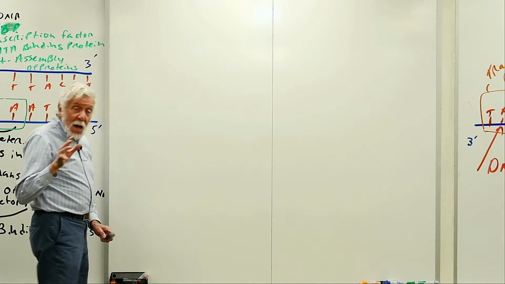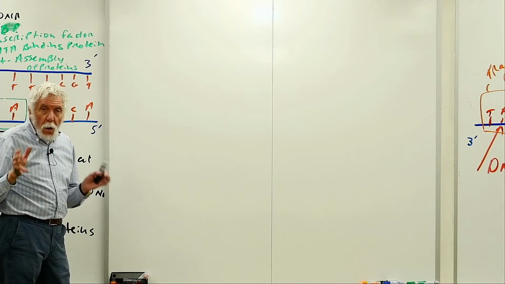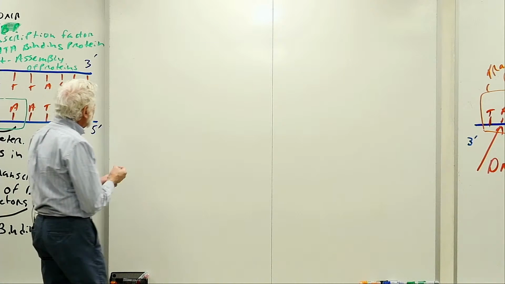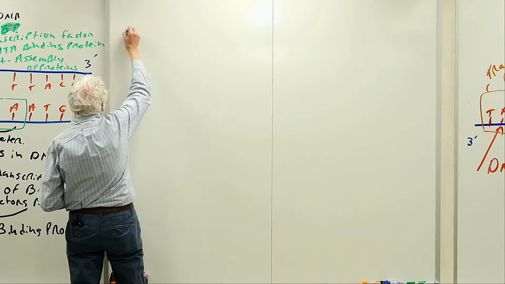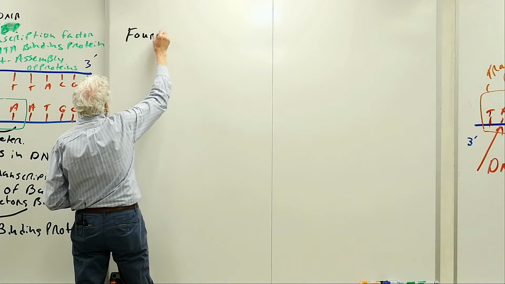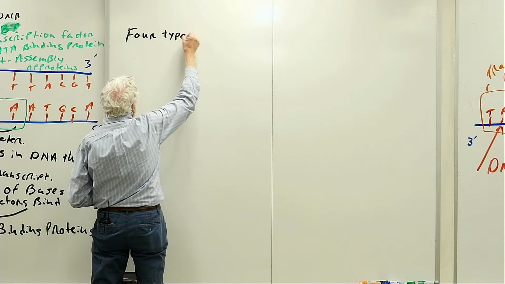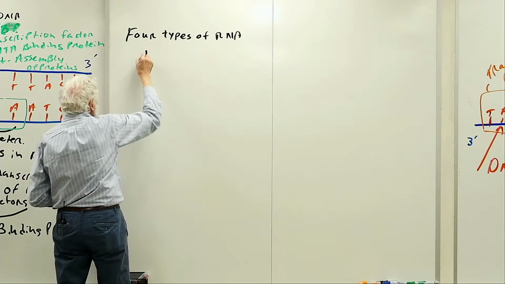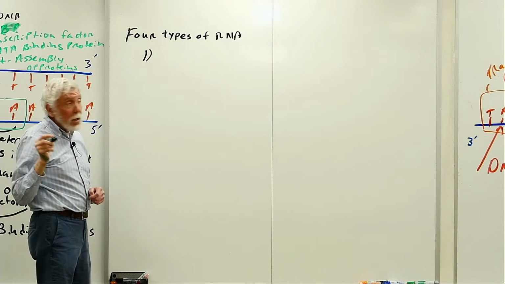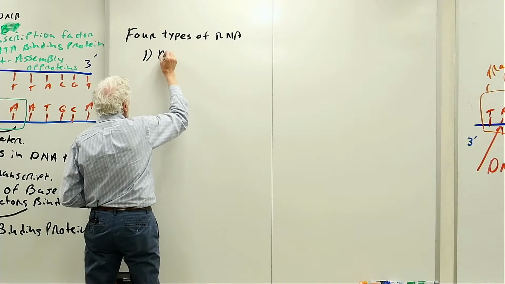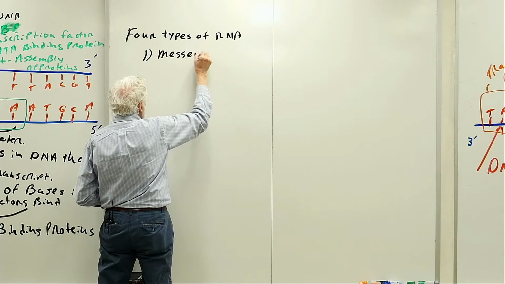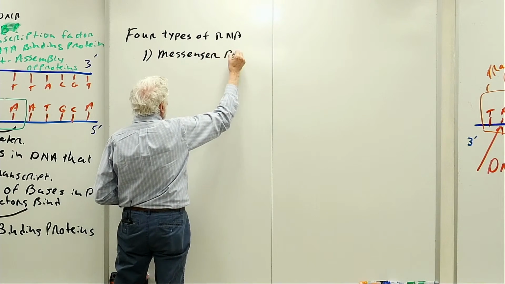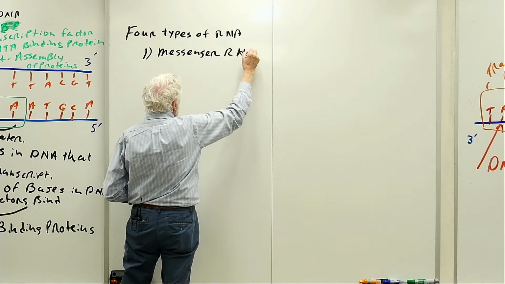But when we drill down a little bit farther, we find that not all RNAs are alike. And we find that there are basically 4 types of RNA. The first type, the one we're going to spend most of our time on, is called messenger RNA, abbreviated mRNA.